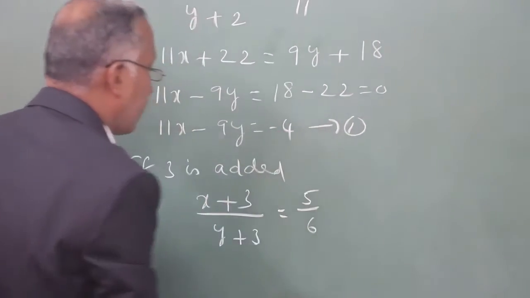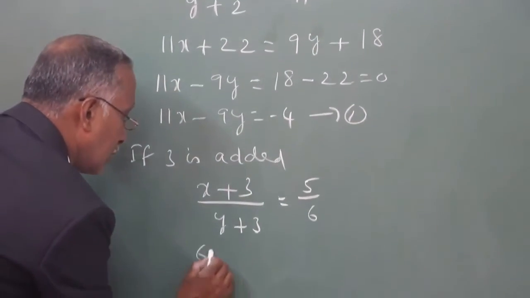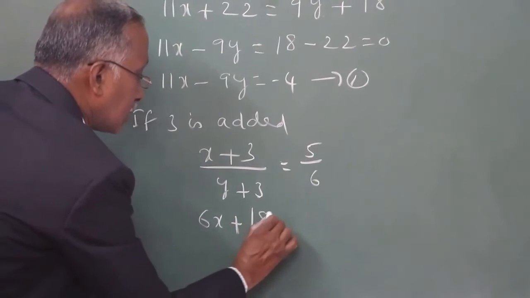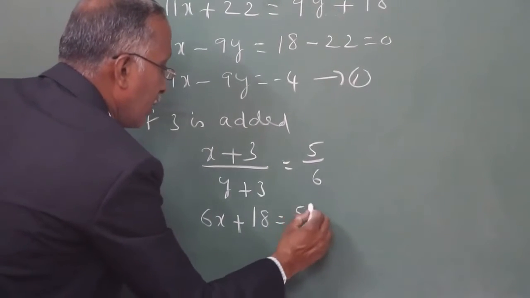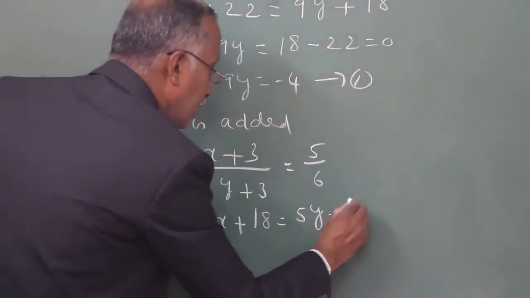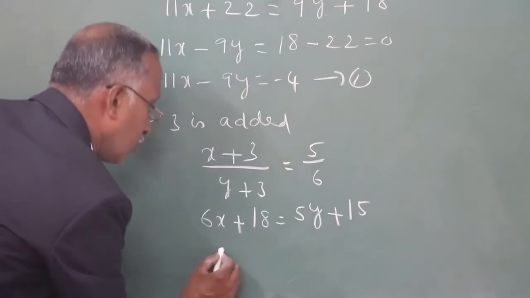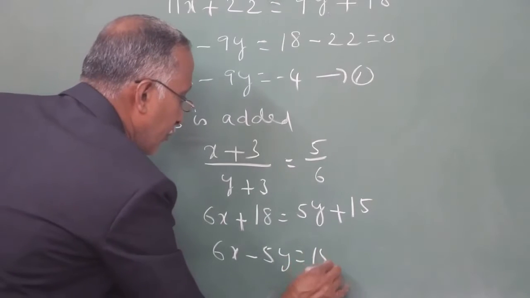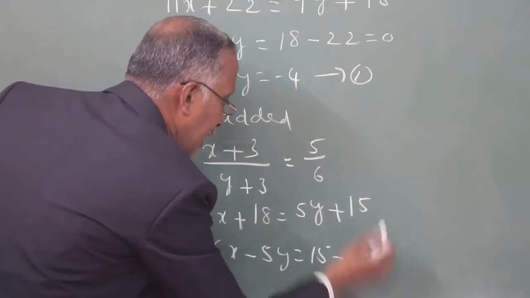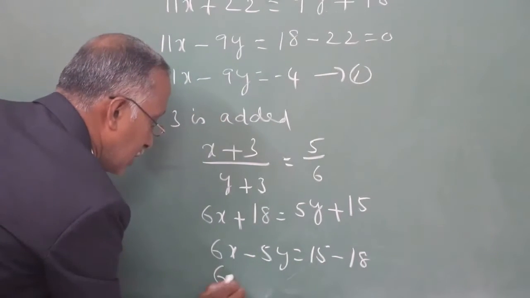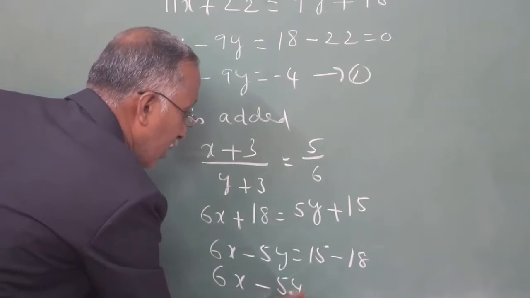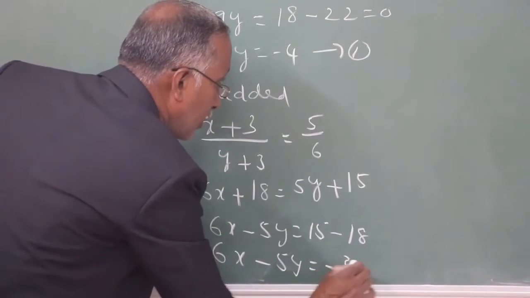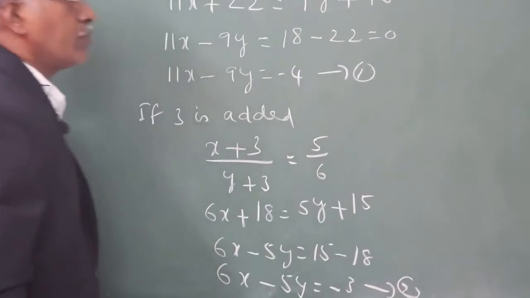Let us solve the same way by cross multiplication. 6x plus 6 3s are 18, 5 into y, 5y, 5 3s are 15. Now 6x minus 5y equals 15 minus 18. Then this becomes 6x minus 5y equals minus 3, equation 2.